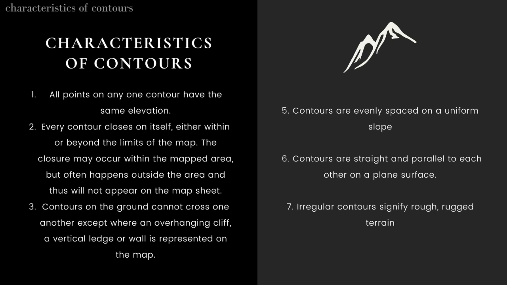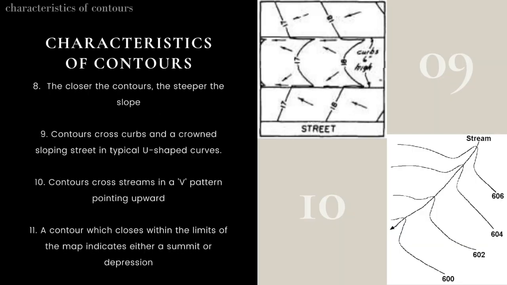Number 5, contours are evenly spaced on a uniform slope. 6, contours are straight and parallel to each other on a plane surface. 7, irregular contours signify rough and rugged terrain. Number 8, the closer the contours, the steeper the slope.